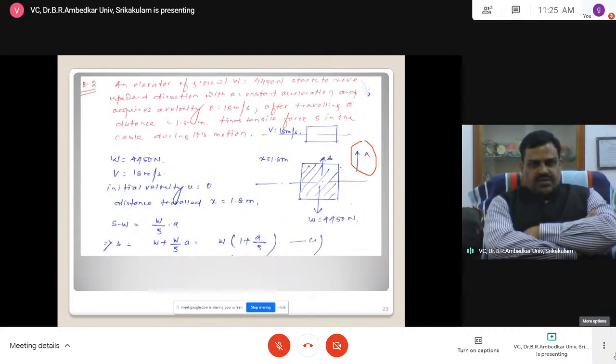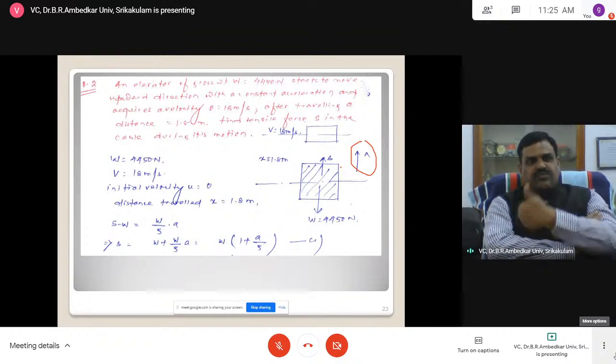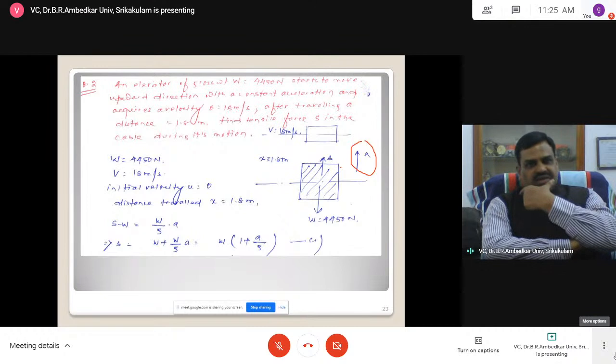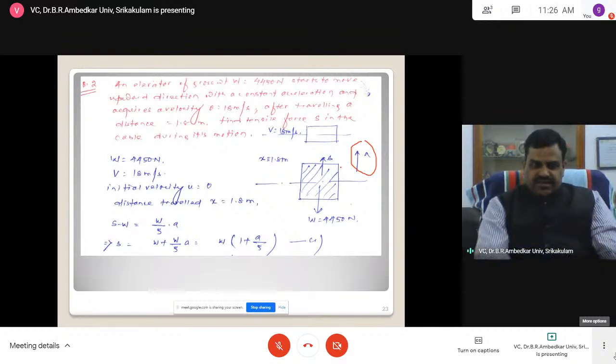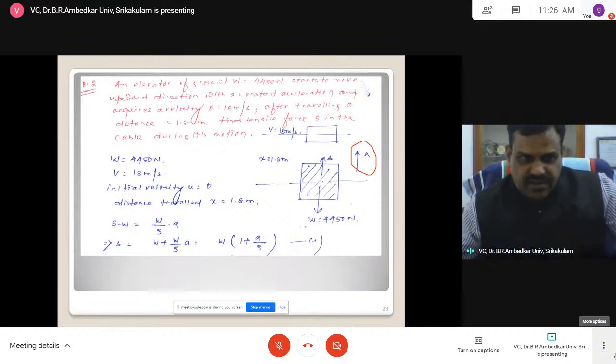It is a lift, an elevator of gross weight, in hotels and apartments, etc., where we are using. Gross weight 4,450 newtons starts to move in the upward direction with a constant acceleration and acquires a velocity of 18 meters per second after traveling a distance of 1.8 meter, that is the input data.